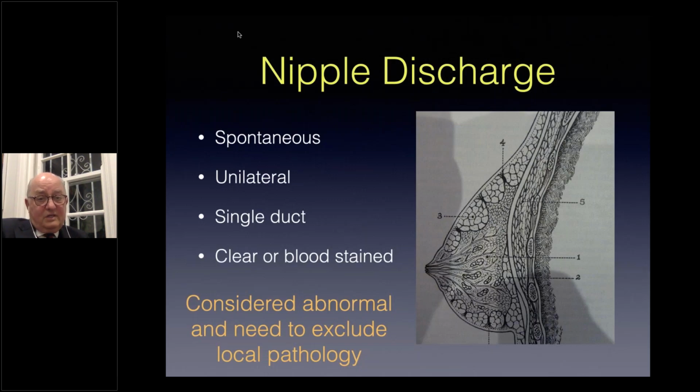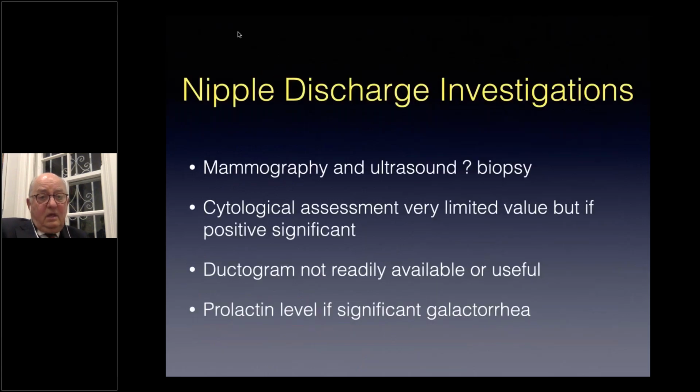So with nipple discharge, the ones that we tend to become involved with surgically are the spontaneous unilateral single duct discharge, regardless of clear or blood-stained. What investigations do we do? Well, mammography and ultrasound, obviously.